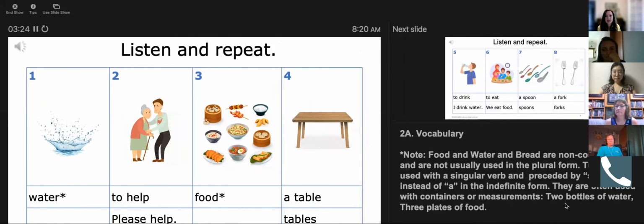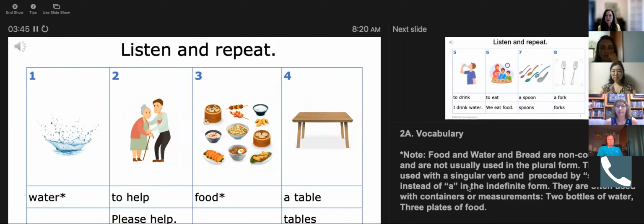So they are not usually used in the plural form. They're used with a singular verb and preceded by some instead of a in the indefinite form. So we say, I need some water instead of I need a water.